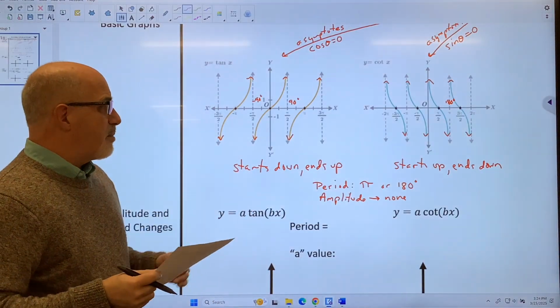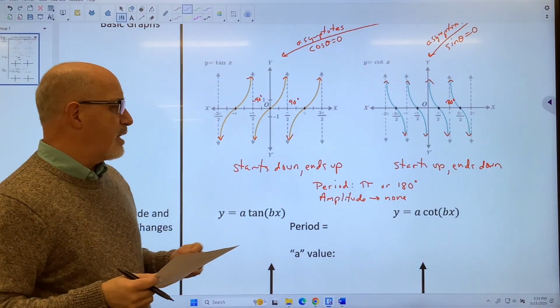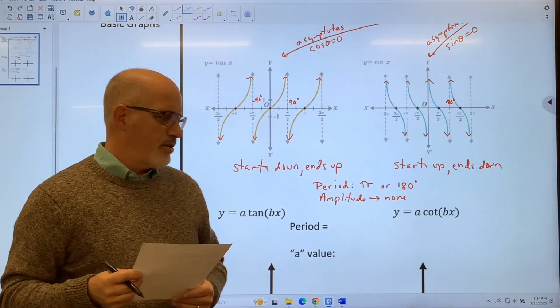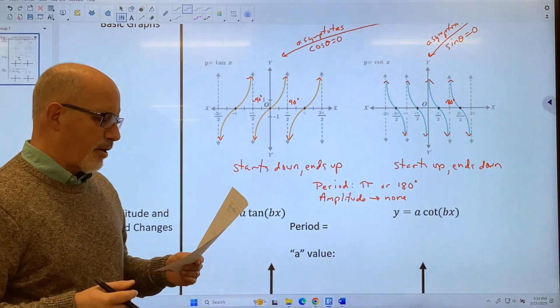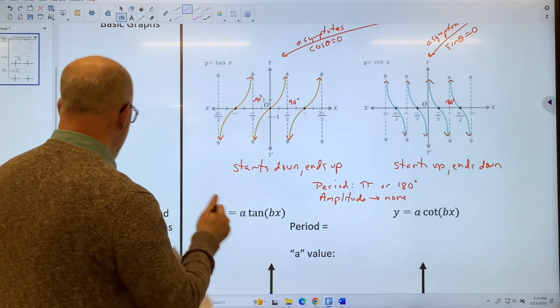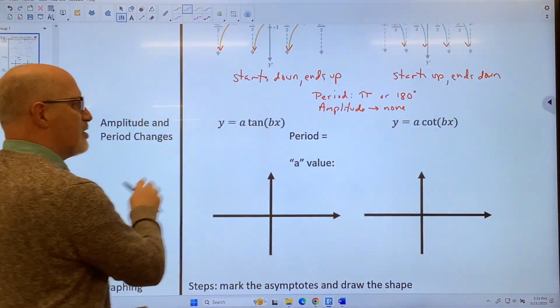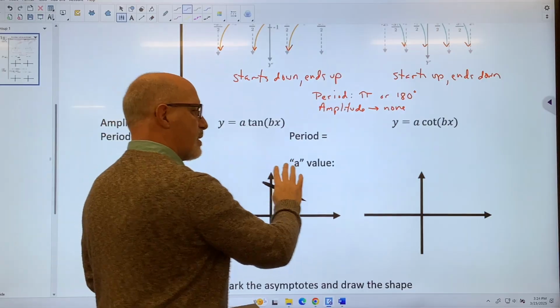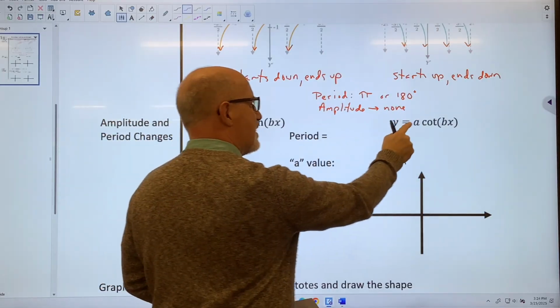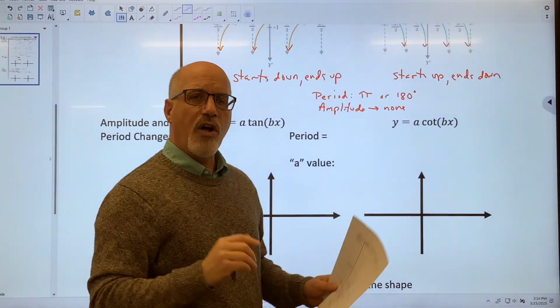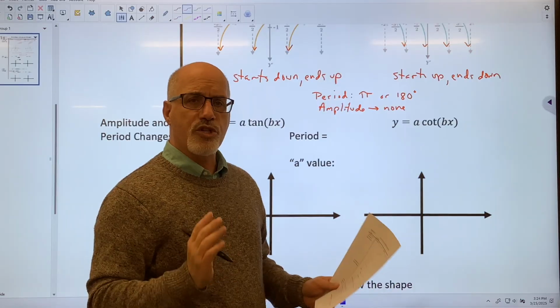All right, let's talk about how we can change the period on this using these different values and how this will affect our graphs. So if we look at amplitude and period changes, since there is no amplitude, let's address that first. The number in front, the A value, all it does is stretch or shrink the graph.